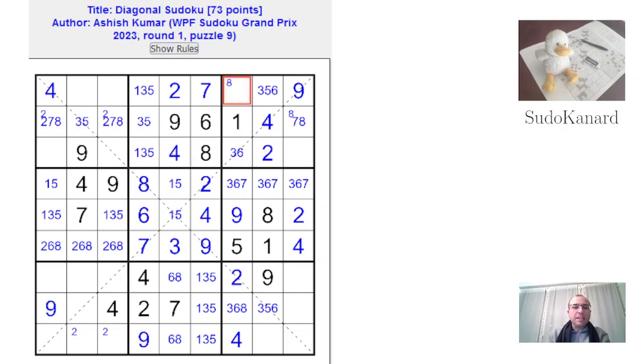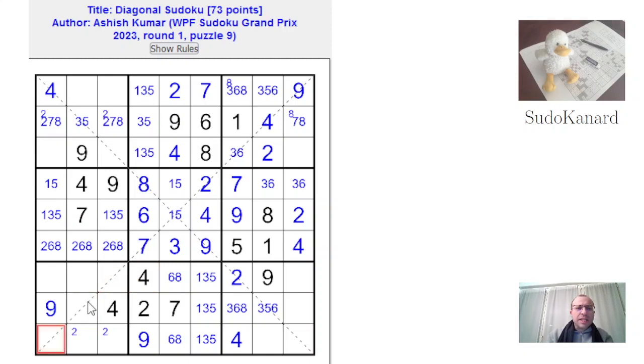This is not 7, so this is 3, 6, or 8. And actually 7 on this column must be here. Nice. This column still needs 1, 3, 5, 6, and 8. So 8 is on the diagonal. I said this column, I meant this diagonal.